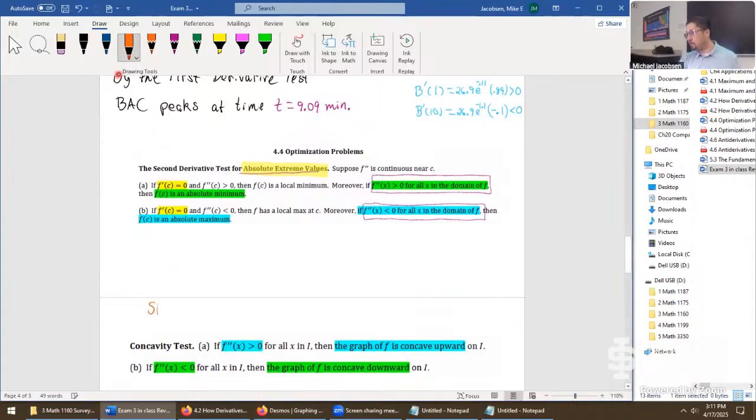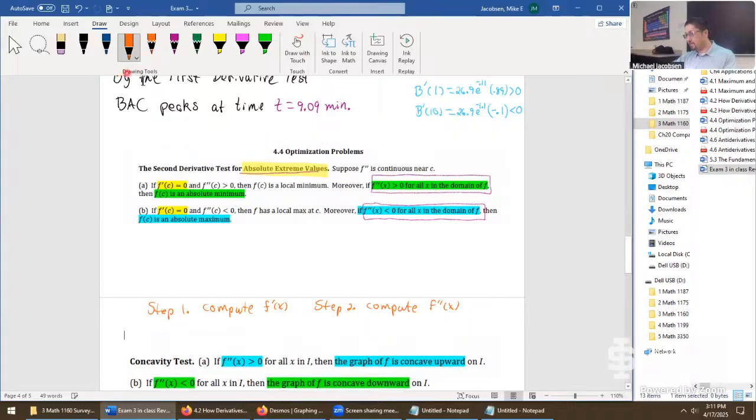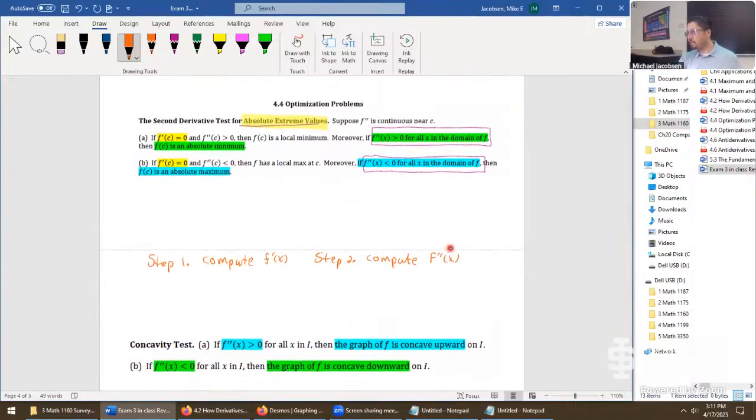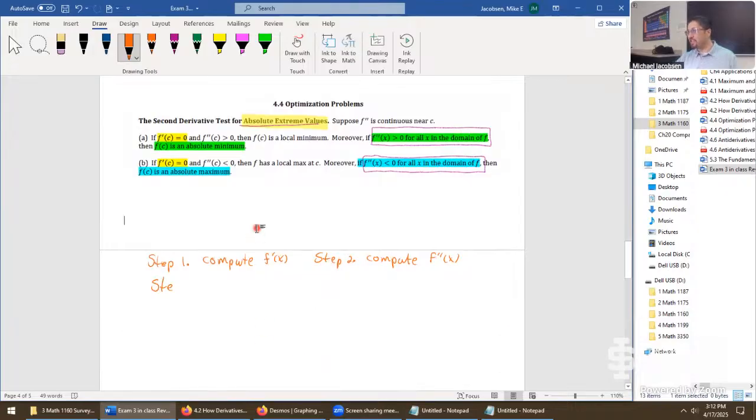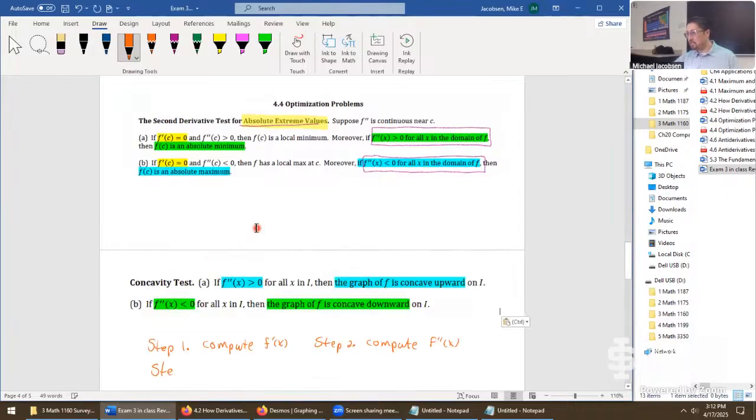Step 1, compute f prime of x. Then step 2, you compute f double prime of x. Then step 3, you know what, I should probably label these if we're going to describe the steps that way, just to make it super clear.